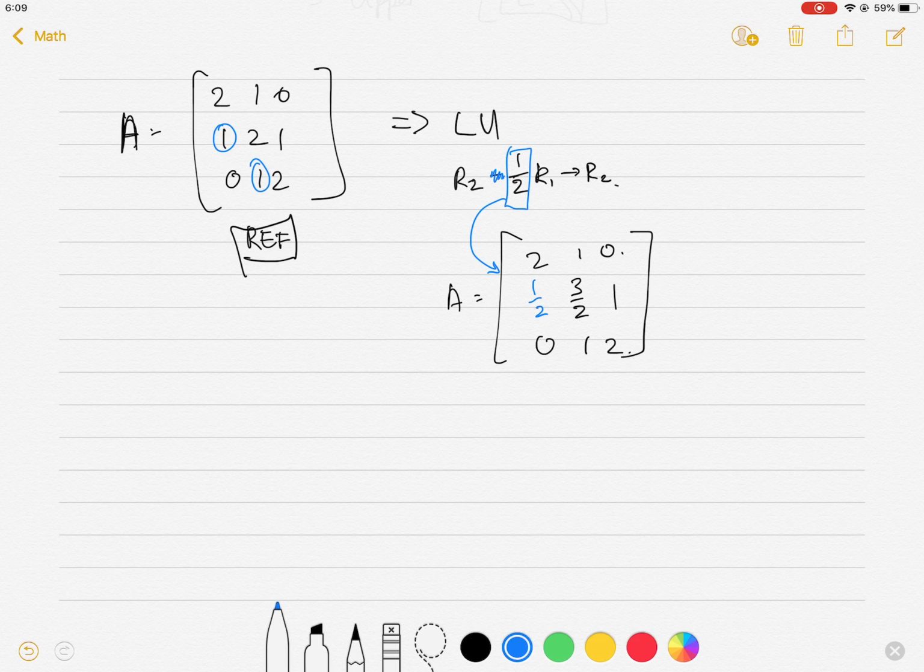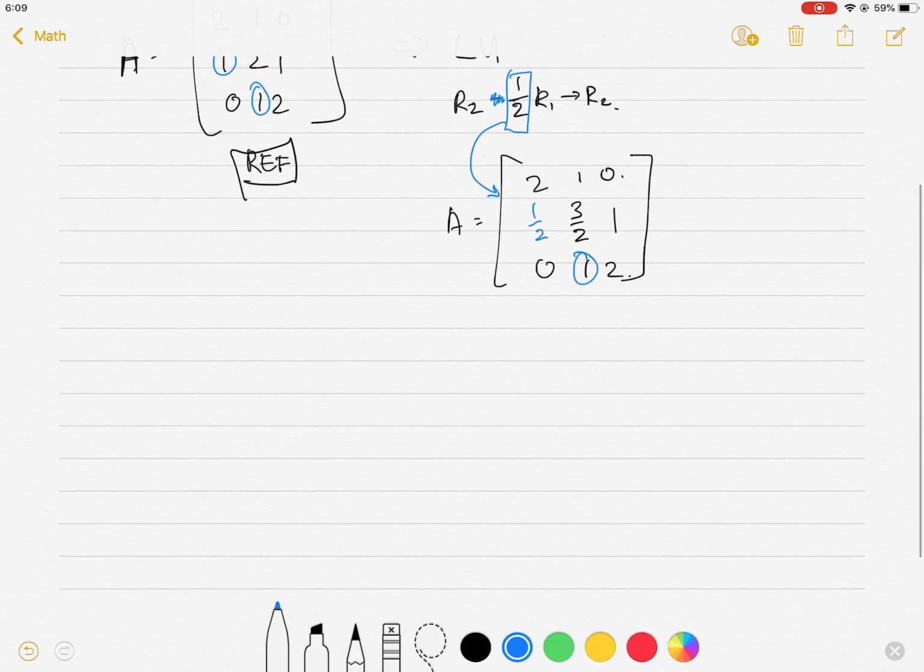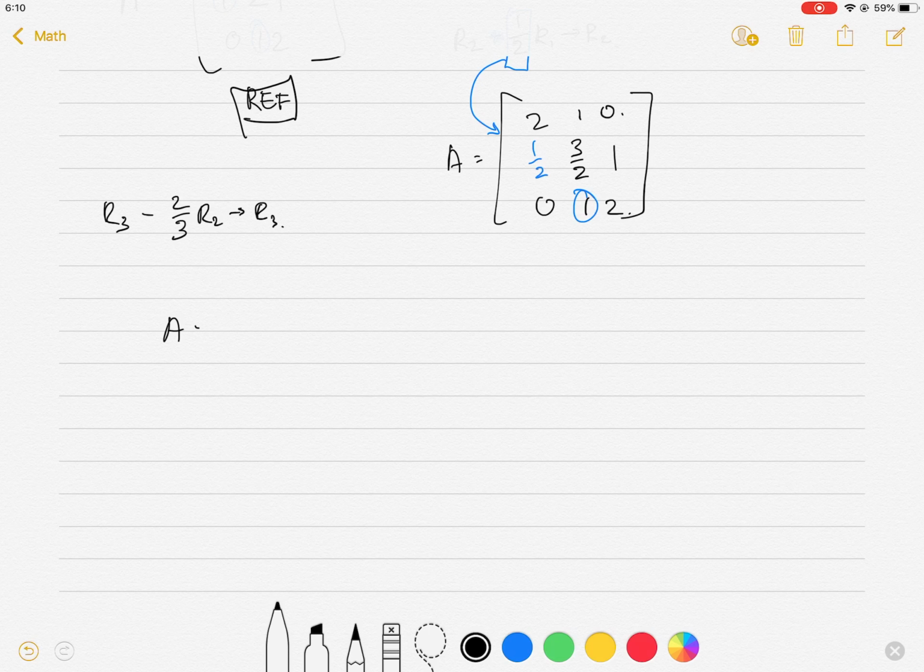Now we want to get rid of this one here. The row operation for that would be R3 minus 2/3 R2, and then we would get A equals 2, 1, 0, 1/2. I'm keeping it in blue to remind myself that this is a multiplier.